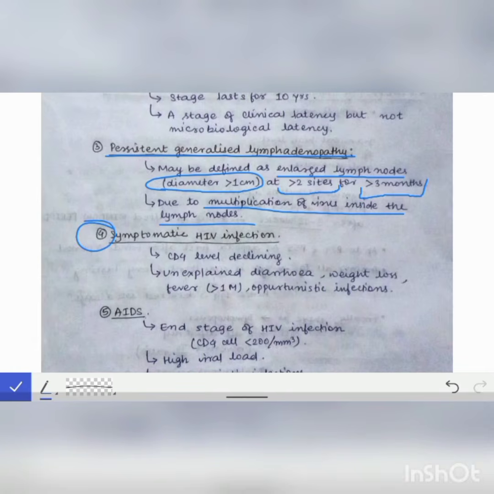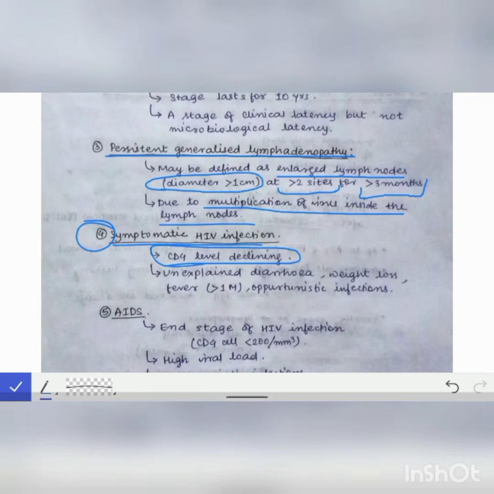Next, the fourth stage is the symptomatic HIV infection, in which there are certain symptoms. Why do those symptoms appear? Those symptoms appear due to the decline in CD4 cells. We know that with HIV infection, there is a decline in the CD4 cell level.